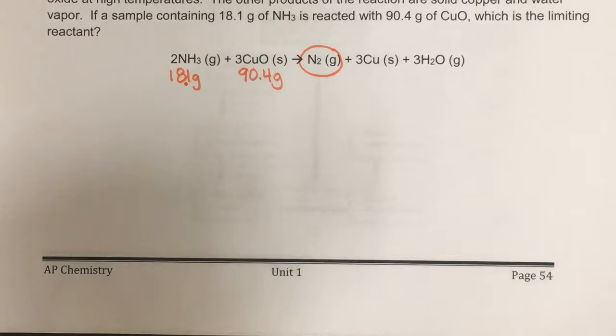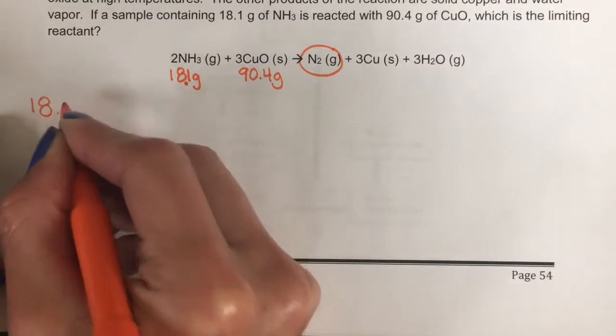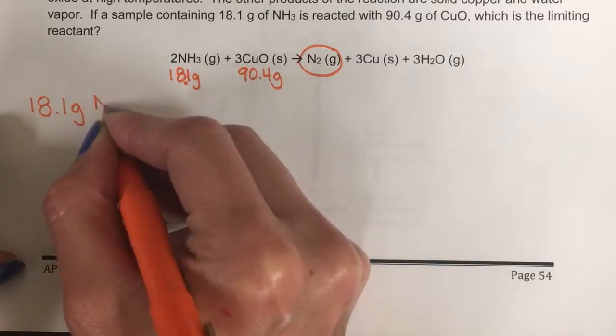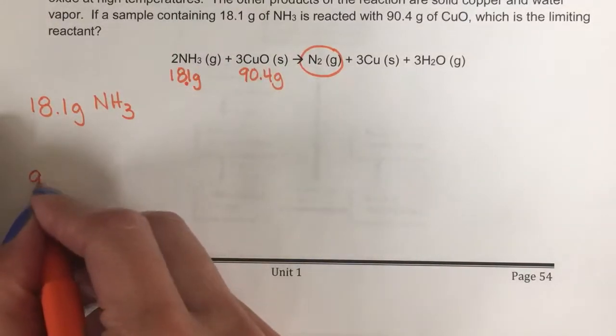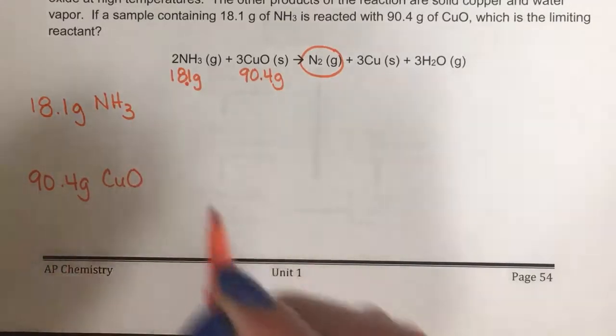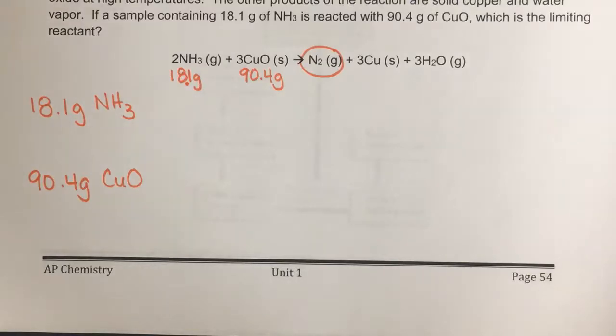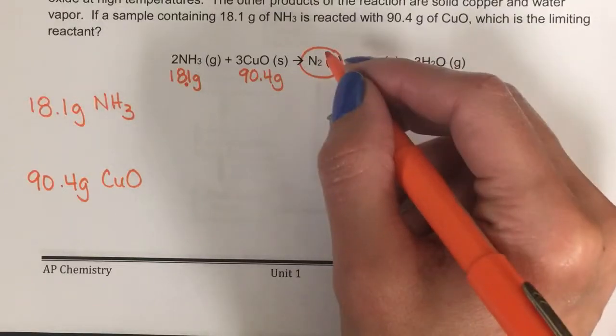So what I would do is I'm going to set up 2 different calculations. One for 18.1 grams of NH3, and a second for 90.4 grams of CuO. Okay? So I want to change them both into grams of nitrogen.